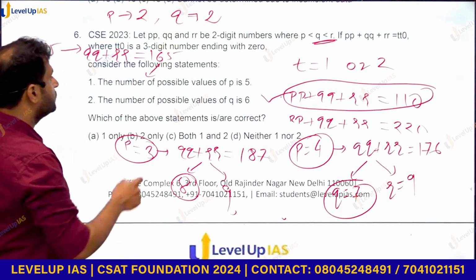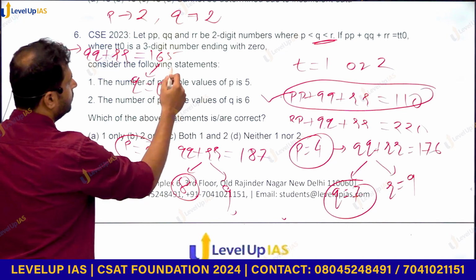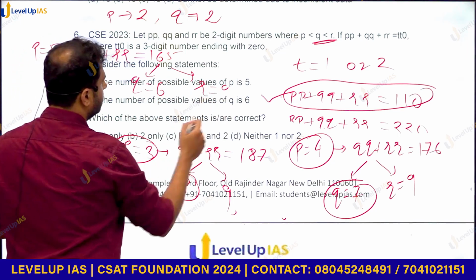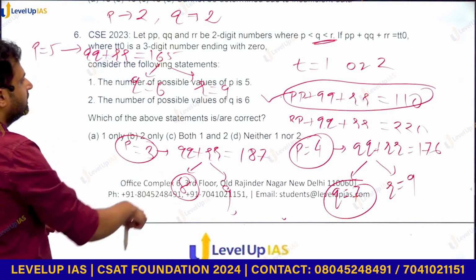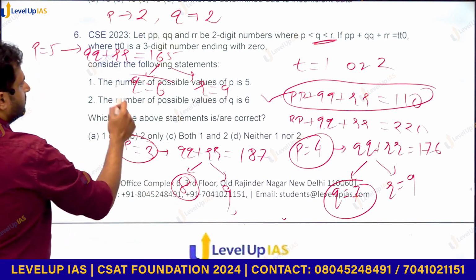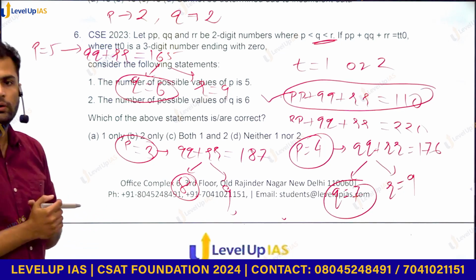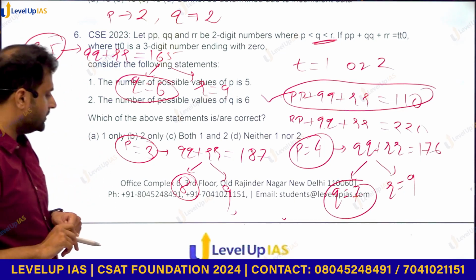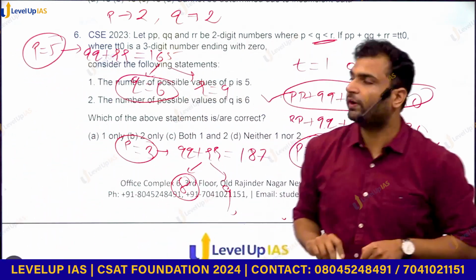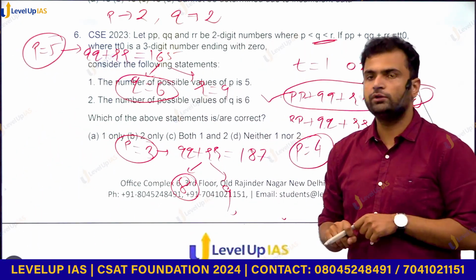For Q is equal to 6, you will get R is equal to 9. For Q is equal to 7, that is already there. Q is equal to 8 is already there. Q is equal to 9 is not possible. So another value of Q we have arrived at, and P is here. So we have five values of Q and 5 values of P.